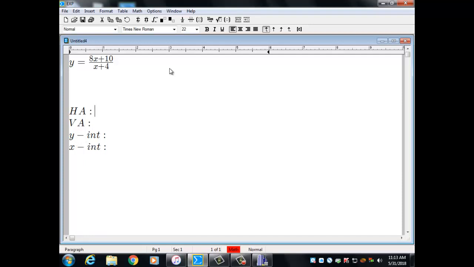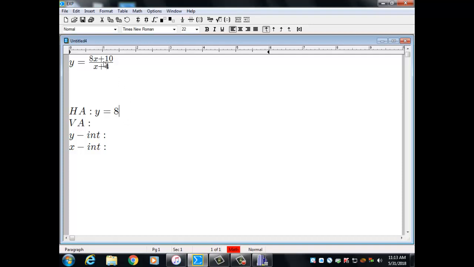What would the horizontal asymptote be? Let's go to Greg. Greg, what's the horizontal asymptote? It's 8 by itself, right? Y equals 8. Yeah, y equals 8.